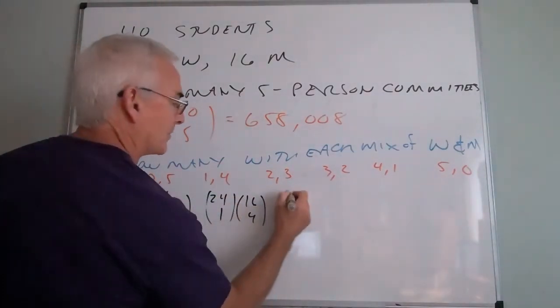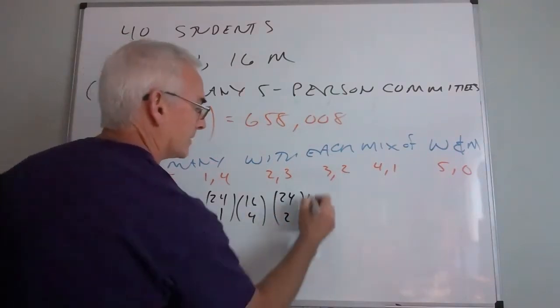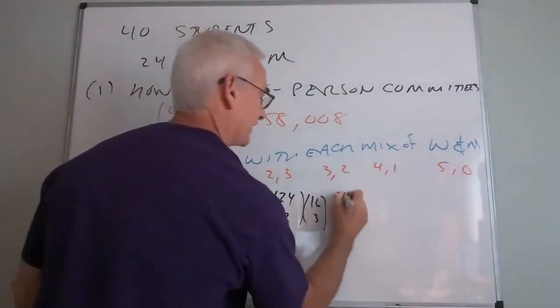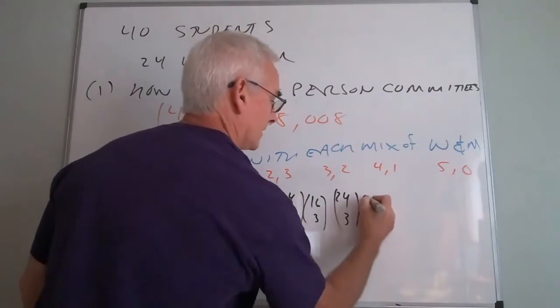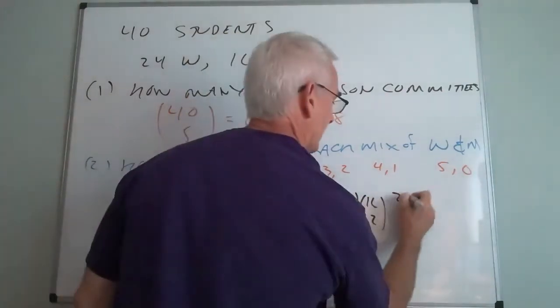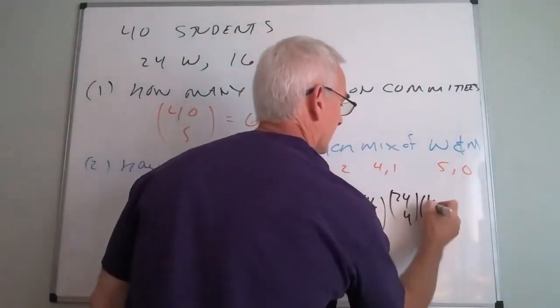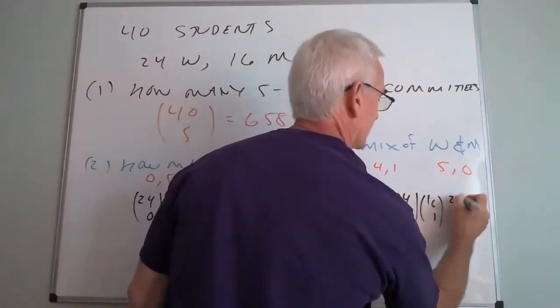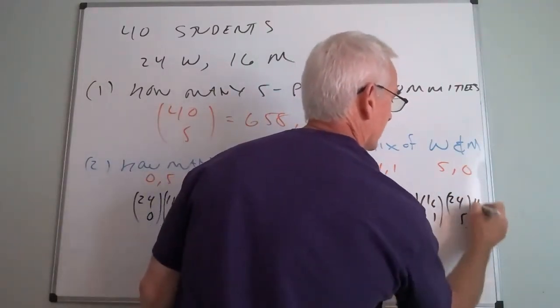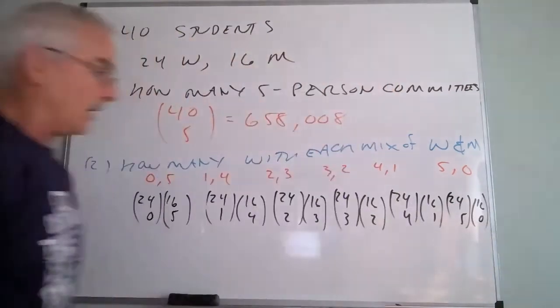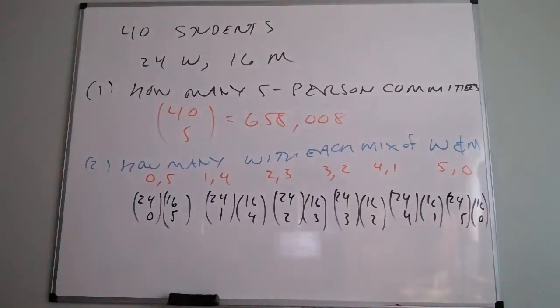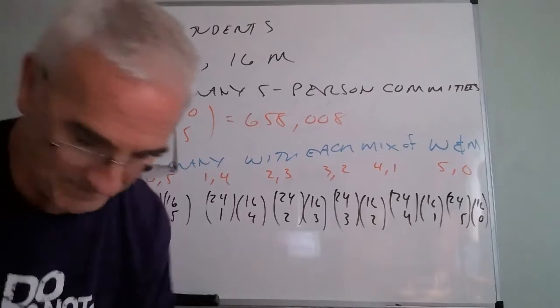So you can kind of figure out there's a pattern here. I've written probably too tight. And the last one, squeeze it in here. There we go. So let me do the calculations for each one.